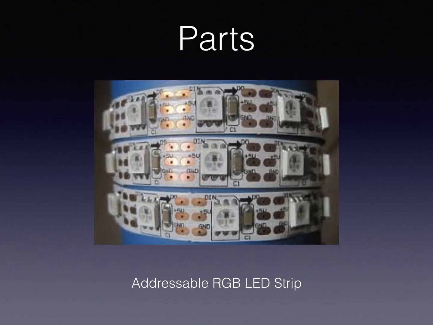And finally, I needed to buy some RGB LEDs, and this was a hard part of the project. One of the hard parts was finding what type of LEDs to use, since I wasn't sure if I would have to be writing to 50 individual LEDs. When I first started, I wasn't sure how I was going to do that. And then I came across what are called addressable LED strips. What these enable you to do is just hook up a VCC and a ground, and also a single data pin that will travel across the entire strip.